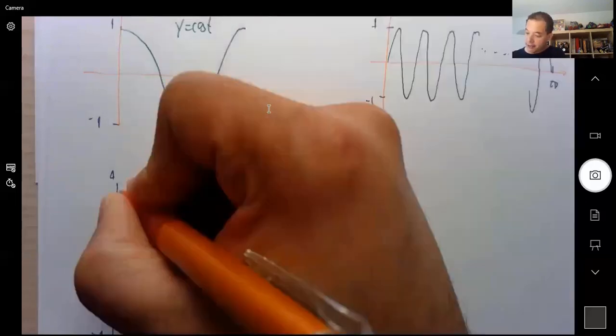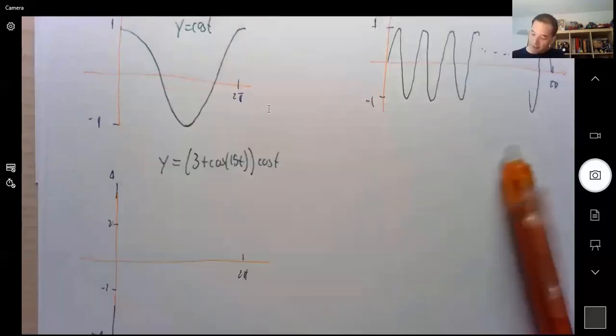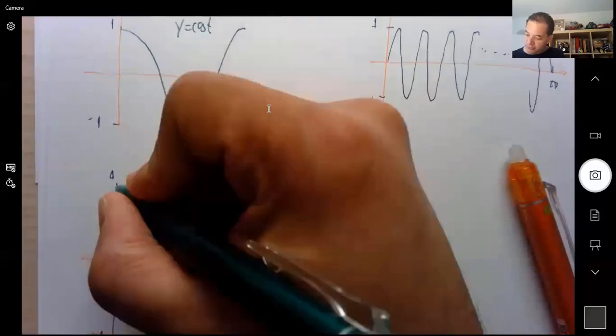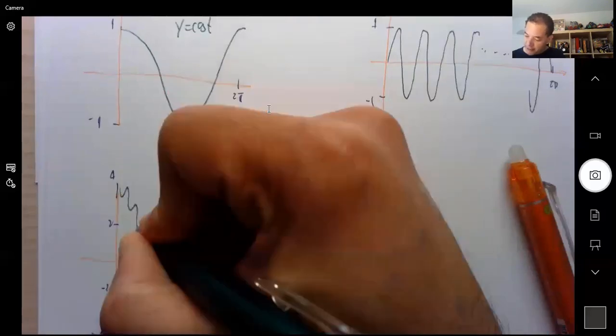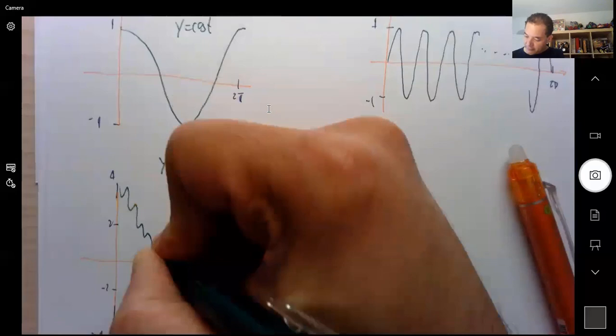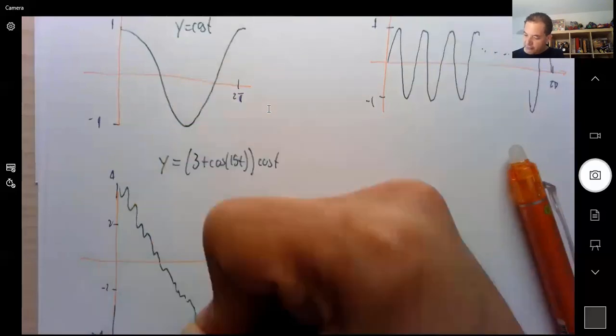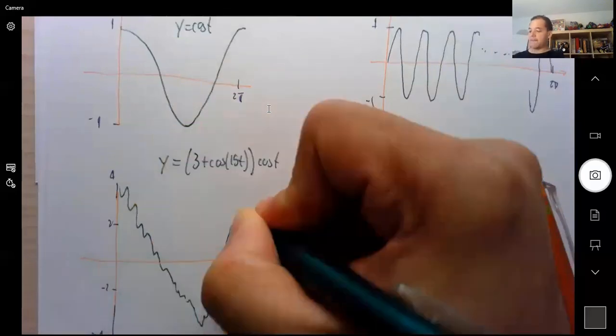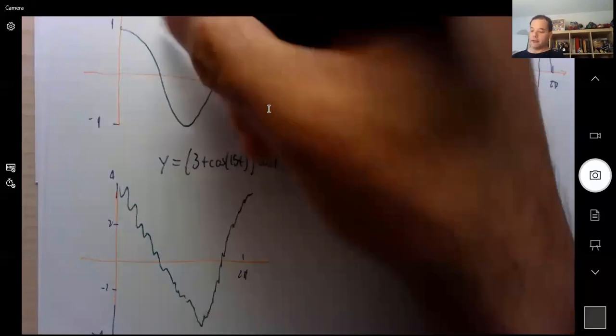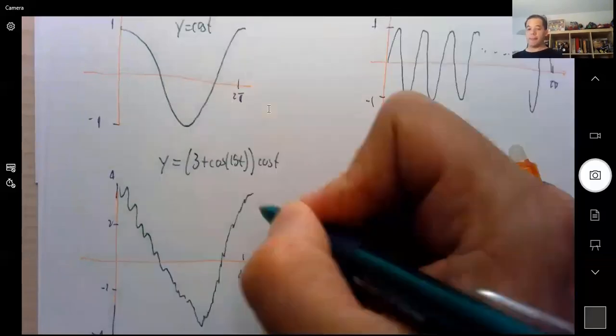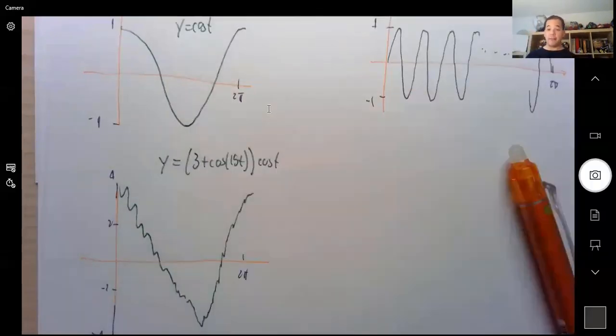I can't draw it precisely, I'll show you soon, but it sort of goes up and down, in a sense following the shape of the cosine, with ups and downs. How many of them? About 15, right?